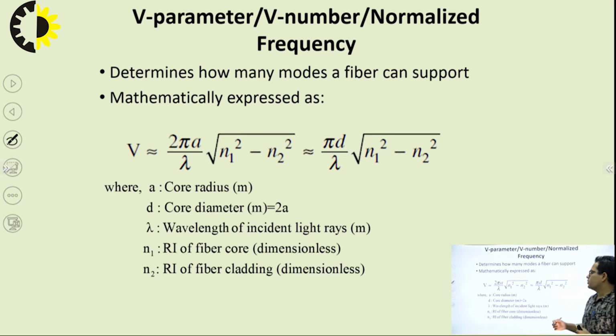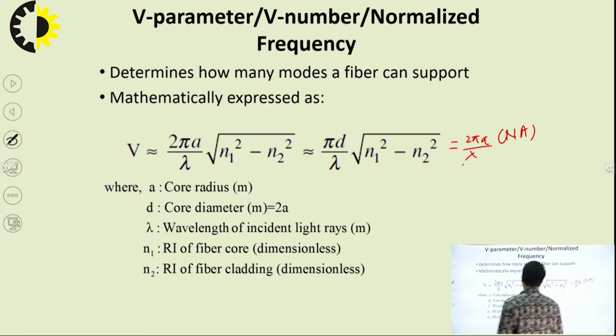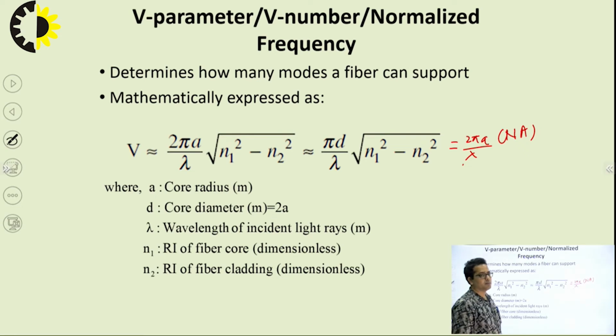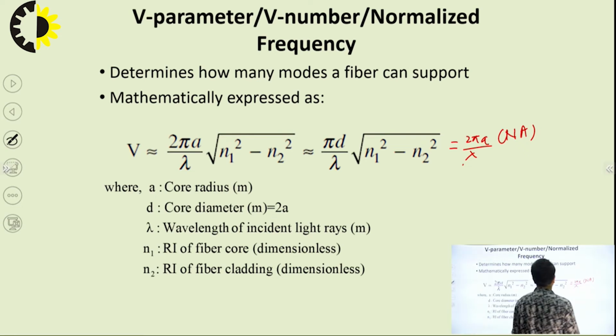It is 2 pi a upon lambda times the square root of n1 square minus n2 square. This can also be rewritten as 2 pi a upon lambda into numerical aperture, because we know that the square root of n1 square minus n2 square is the numerical aperture of the optical fiber.